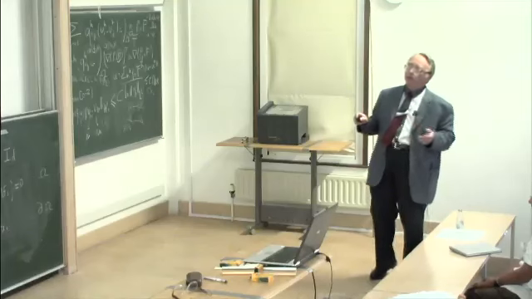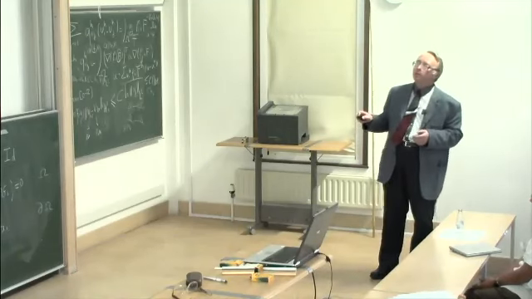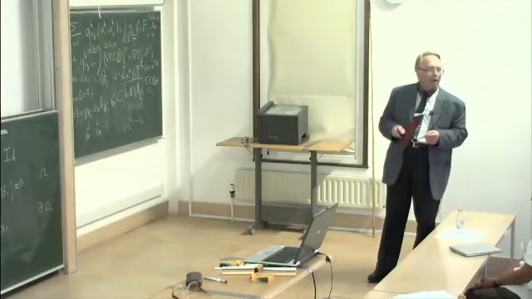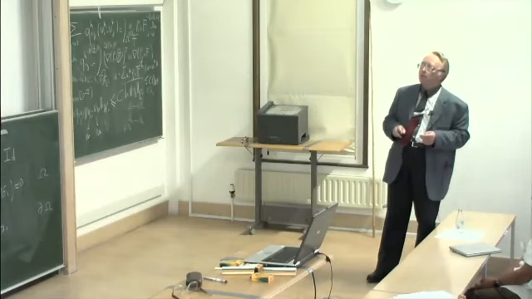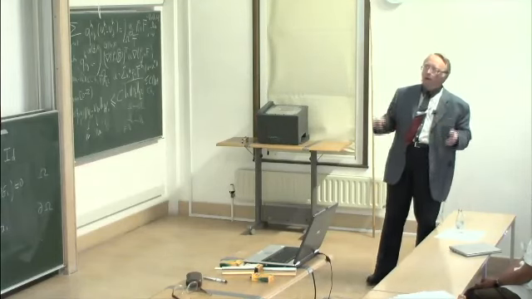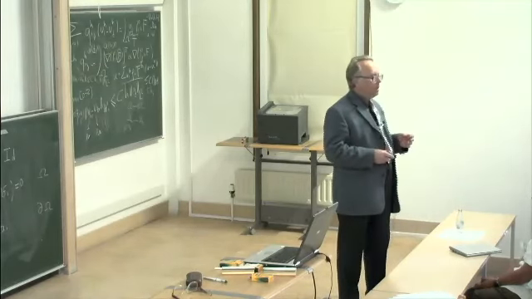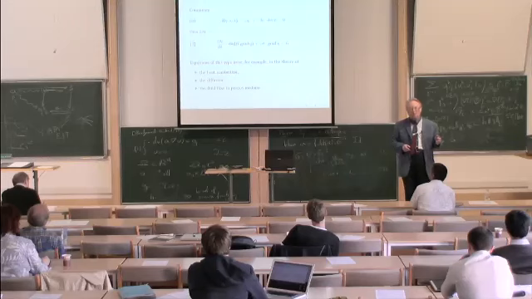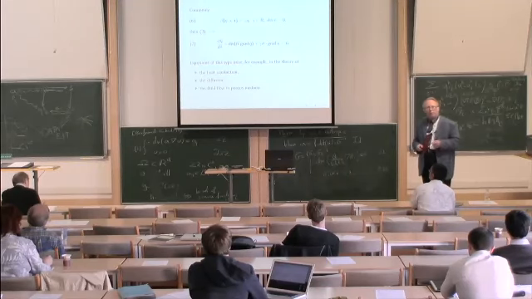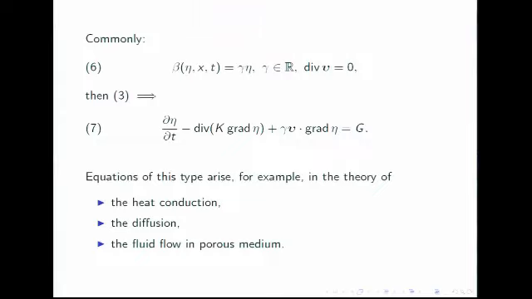Then the equation becomes d eta by dt minus divergence k gradient eta plus gamma v gradient eta is equal to g. Equations of this type arise, for example, in the theory of heat conduction, the theory of diffusion, and the theory of fluid flow in porous medium.